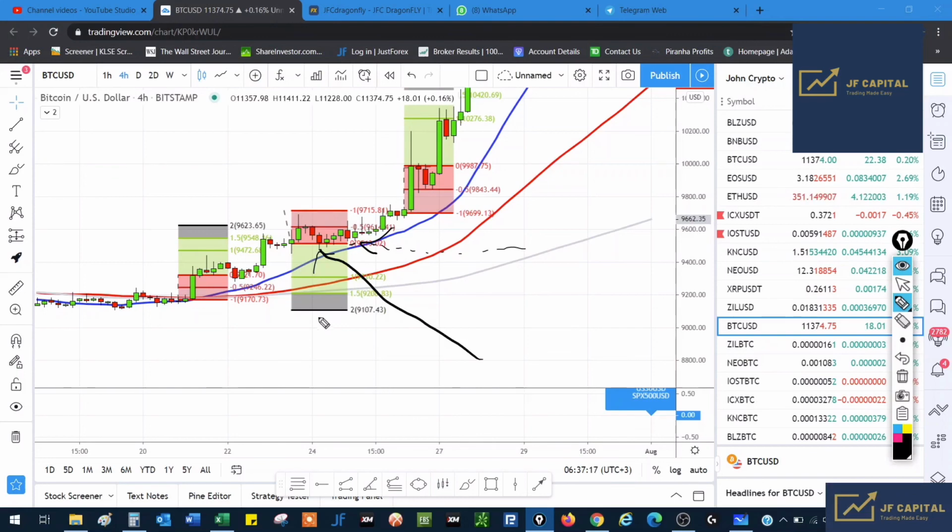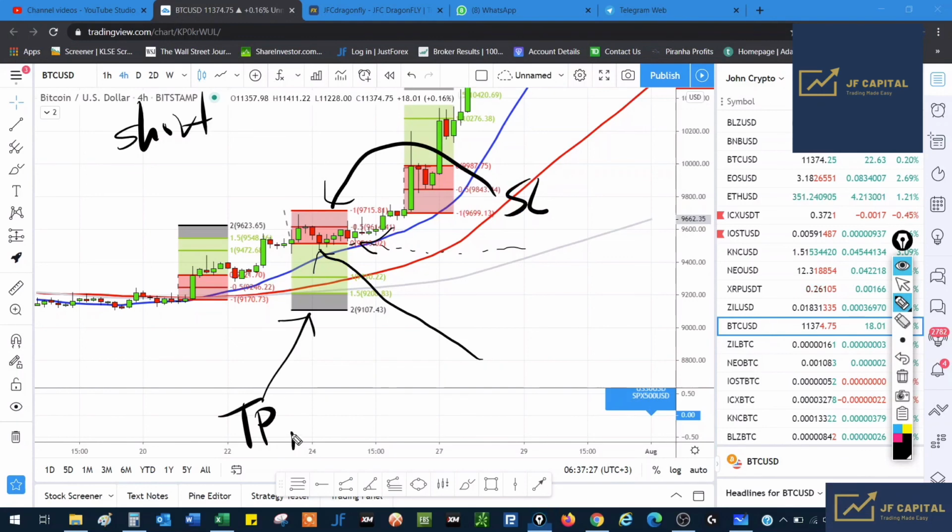So I have set my short trade, my TP over here, and my SL over here. TP means take profit, SL means stop loss. This is how I execute my trade.